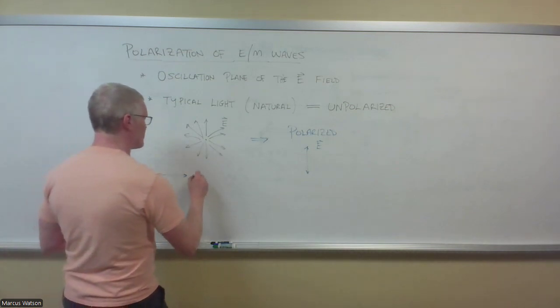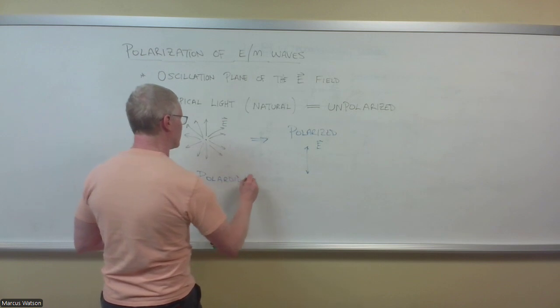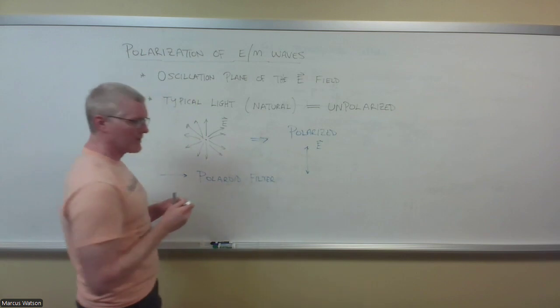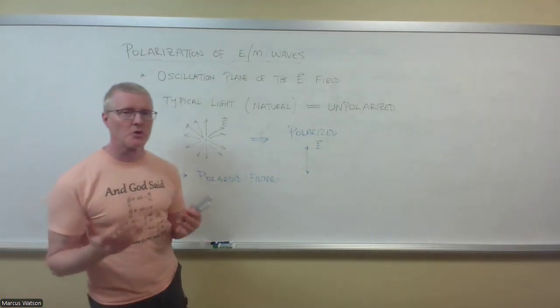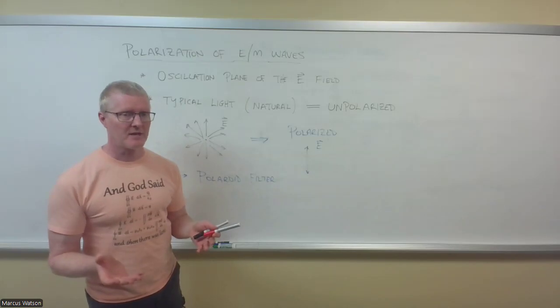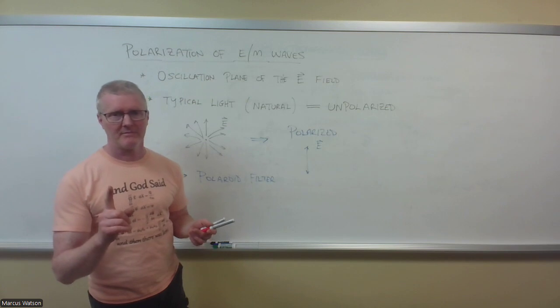This gives rise to the material known as Polaroid. A Polaroid filter is something that absorbs all other types of polarization except one.